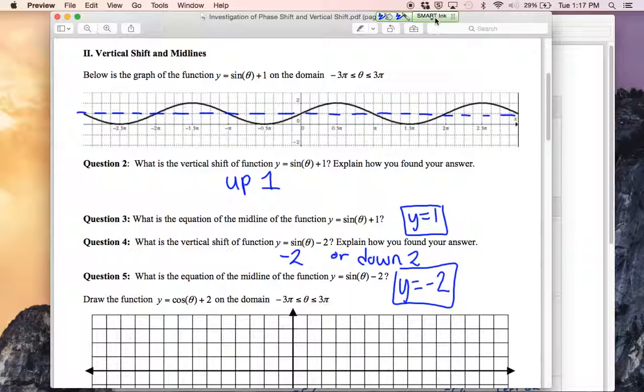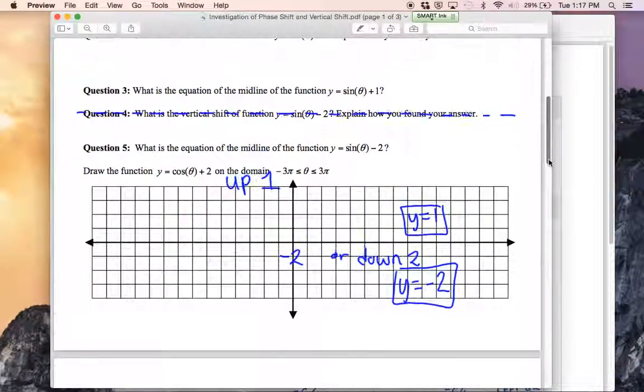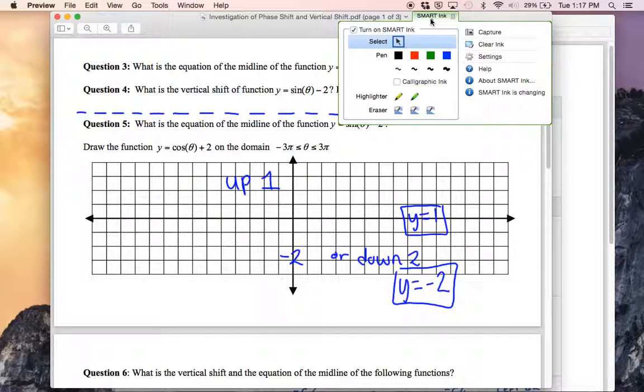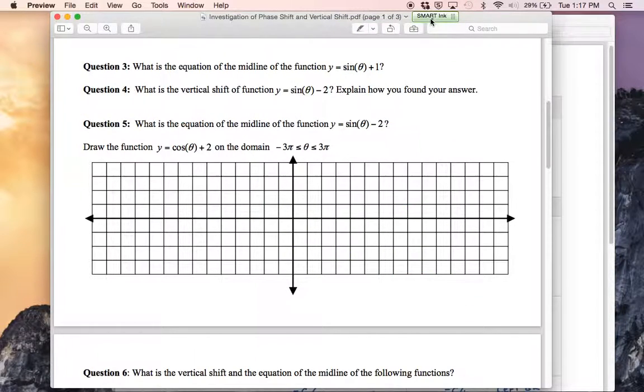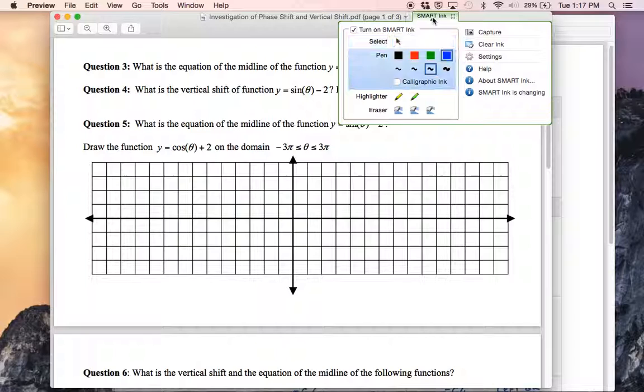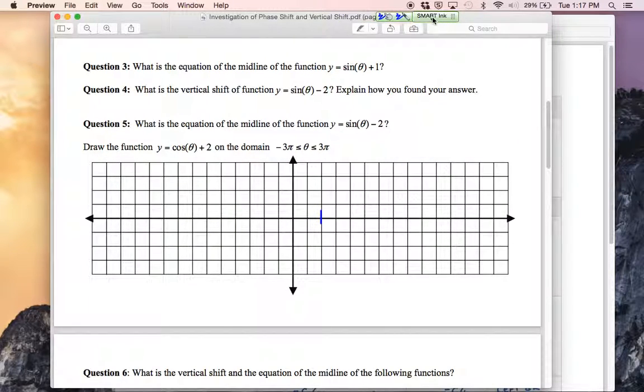Now it asks you to draw the function y equals cosine theta on this domain. So my period hasn't changed, my amplitude hasn't changed. The only thing that's changed is there's a vertical shift. So first thing I'm going to do is draw in my increments, and I'm going to do it in radians.